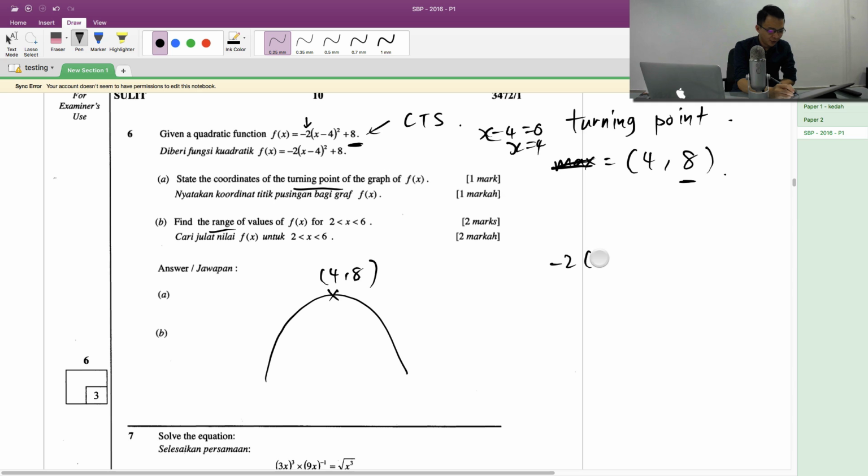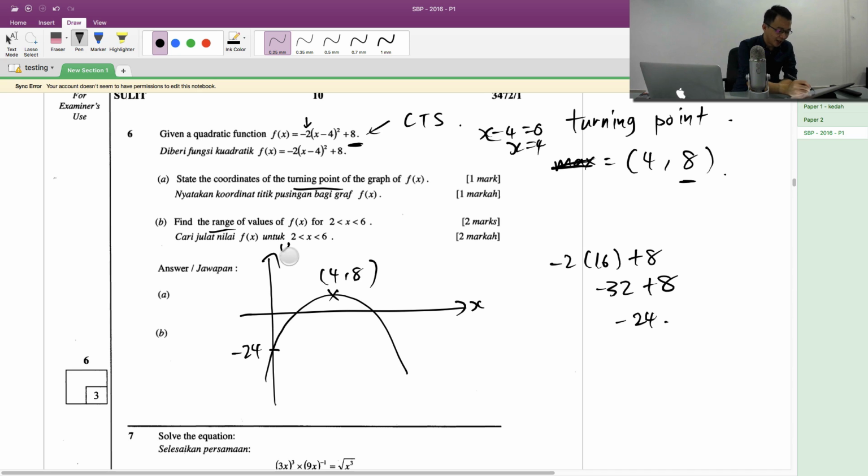So negative 2 times 16 plus 8, so this is negative 32 plus 8, which is negative 24. So you have something like this, and this one is negative 24.